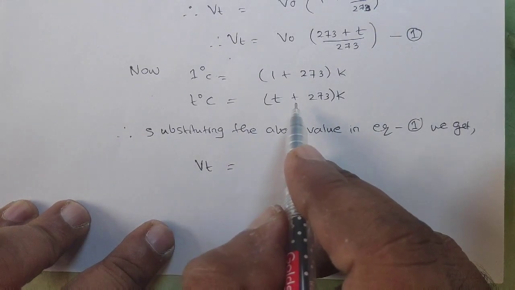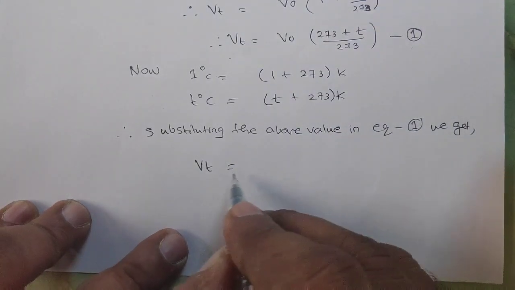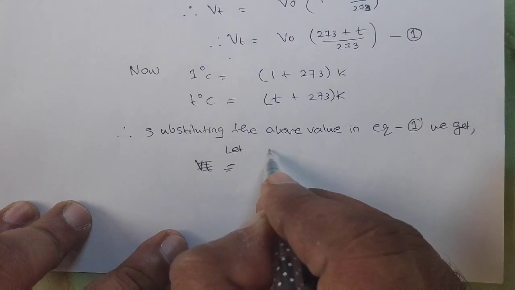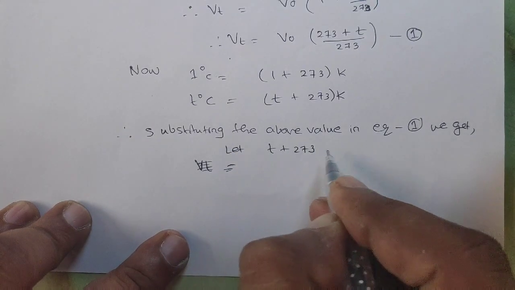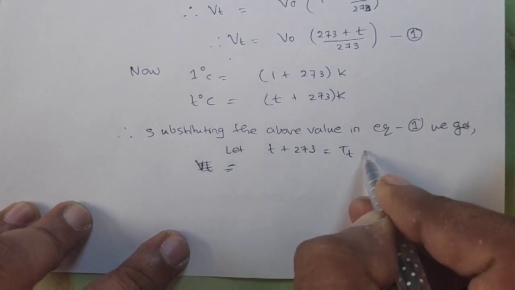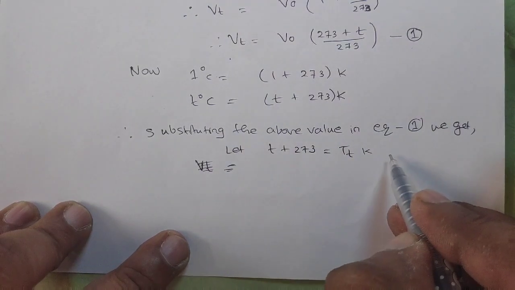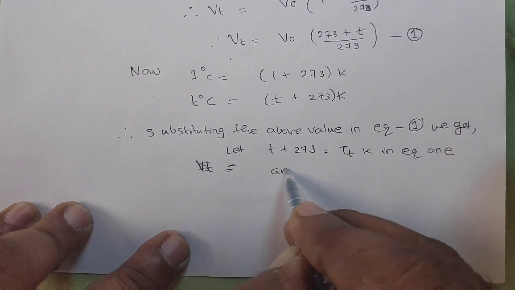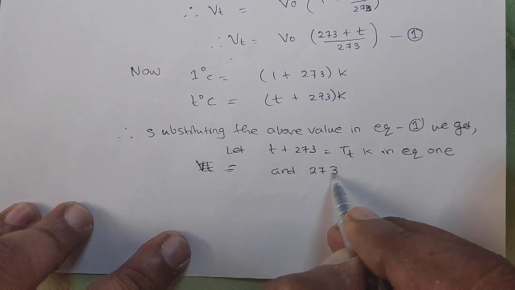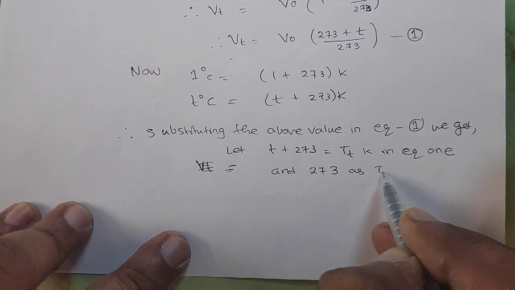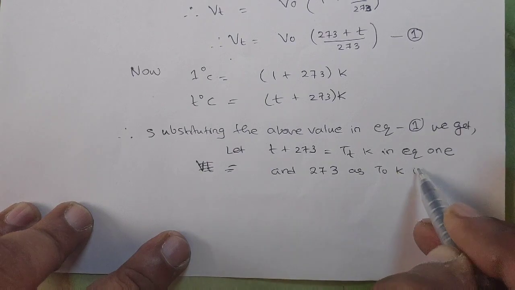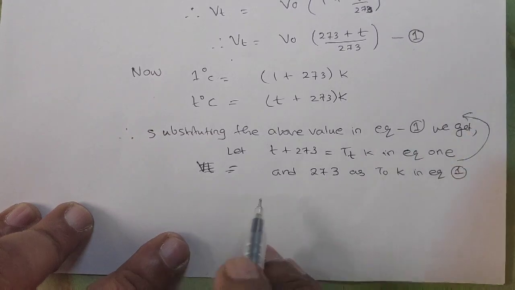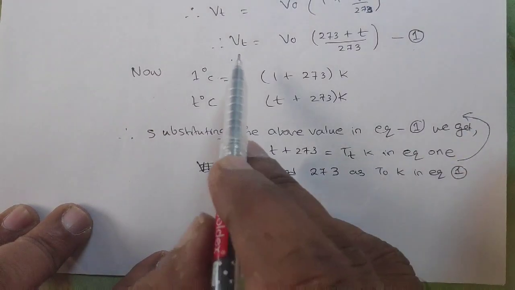Now we will simplify this further. Let T plus 273 be equal to Tt Kelvin, and 273 be T0 Kelvin, in equation 1. So what do we get by substituting this in this equation?